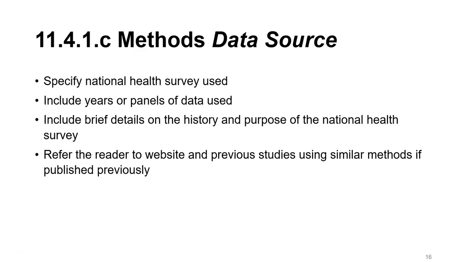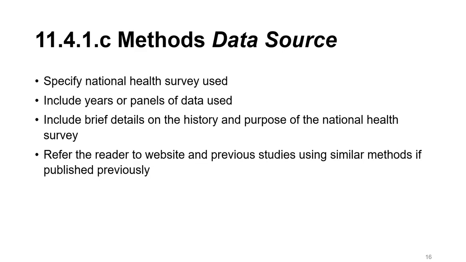So in the data source subsection, this is where you want to specify the National Health Survey that was used. And here you would specify the years or the panels included within the survey that you use when you combine them. You want to include some brief details on the history and purpose of the survey, but since it's already been published before, you can refer the reader to the website and previous studies using similar methods if you previously published them.